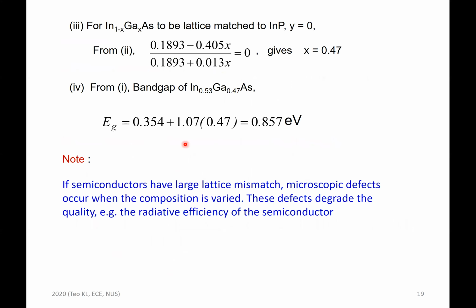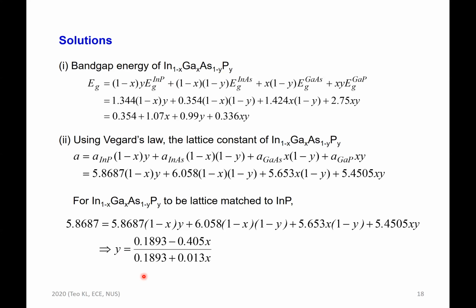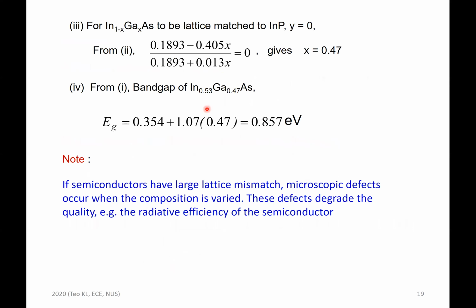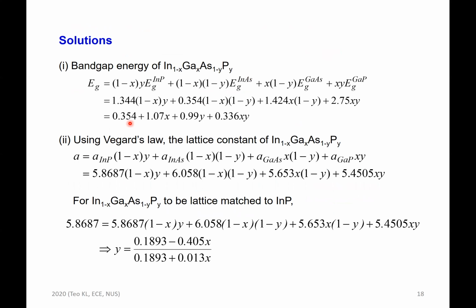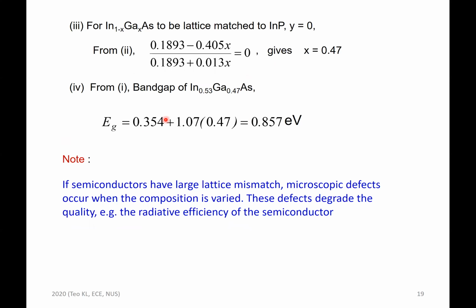Then you can find the composition of X. From here, you put Y equals 0, you solve for X, you get 0.47. And what is the band gap of indium gallium arsenide at 0.47? You go back to this equation. Y is 0, so you are left with this part. Just put in X equals 0.47, and you get the band gap of 0.857 eV.